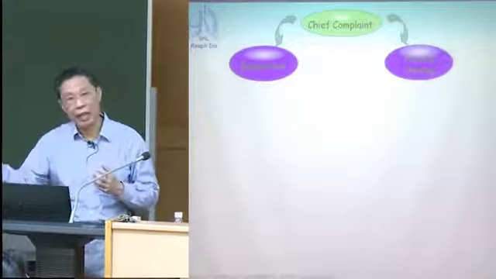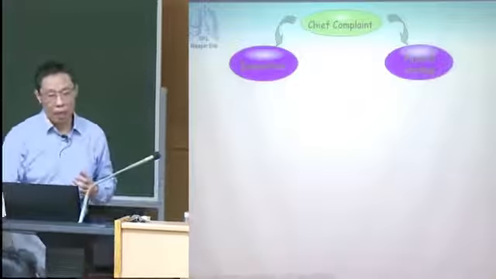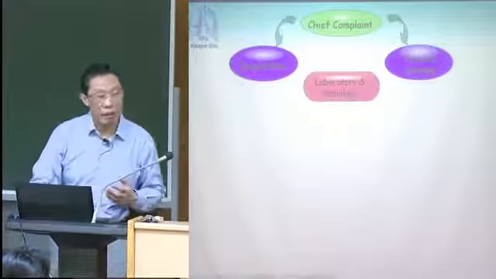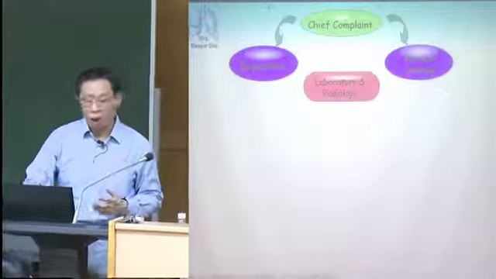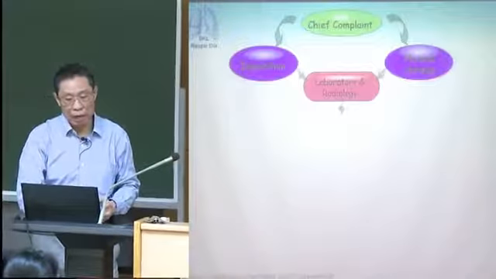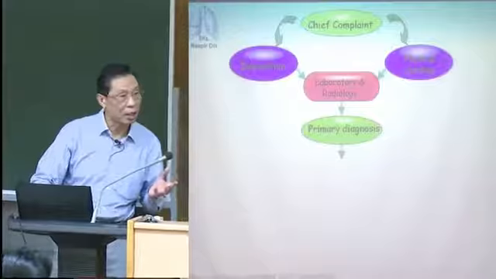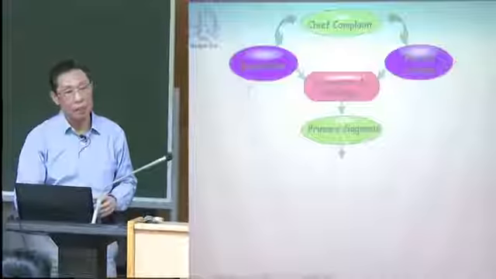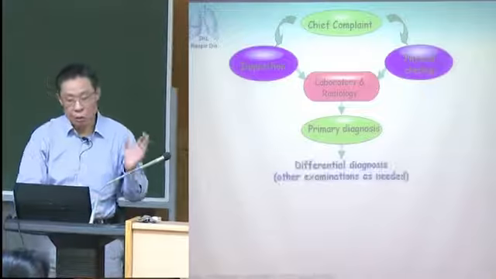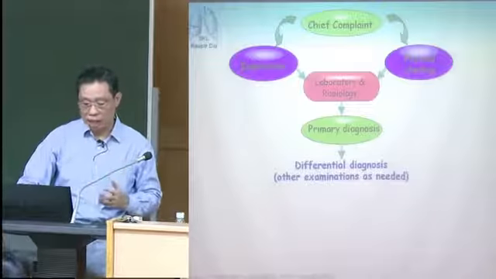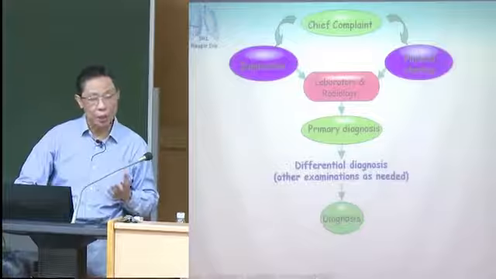On the other hand, we did a physical check-up and found some signs, along with laboratory and radiology examinations. With all the data collected together, we got a primary diagnosis. Of course, we need to exclude other diagnoses. This is the so-called differential diagnosis. I will tell you about this later. Then we make a diagnosis and go into treatment.